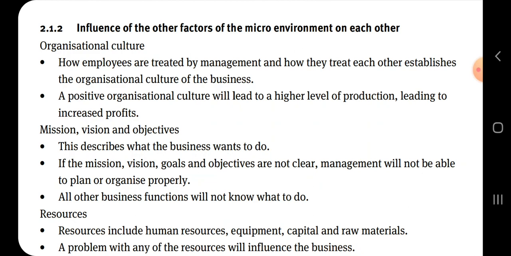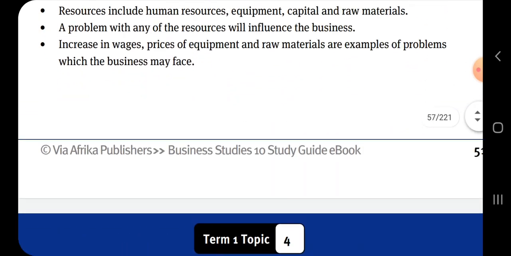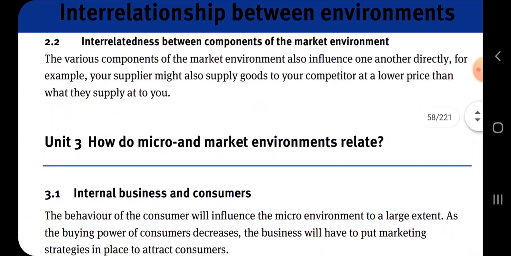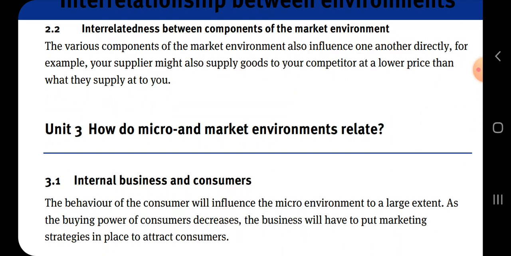If the mission, vision, and goals are not clear, management will not be able to plan and organize properly. So do you see how the components interrelate with each other in a business? So you can read that. That is the interrelation within the micro environment.